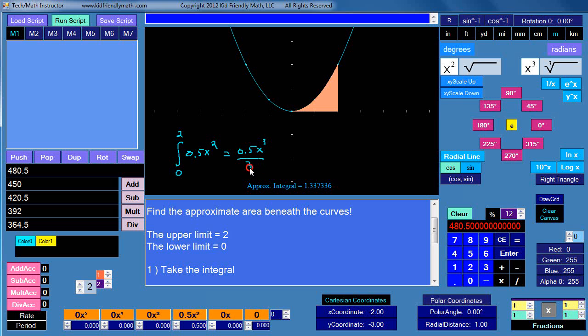And now since you took the integral, you could evaluate it between 2 and 0, your upper and lower limits, right there, and it was equal to 1.333, like this.